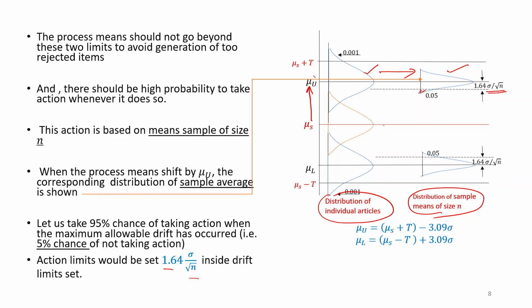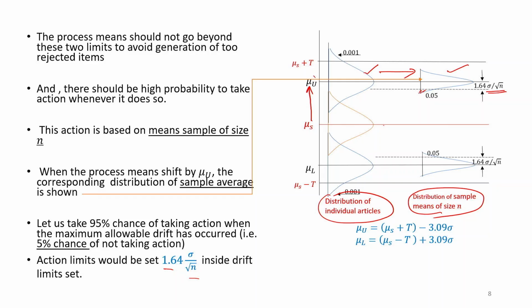There is a 5% chance that even though the mean has shifted, we are not taking action. A 95% chance of taking action when the maximum allowable drift has occurred. So there is a 95% chance that we will be taking action because the mean has shifted, and a 5% chance of error, that even though it has shifted, we are not taking action.